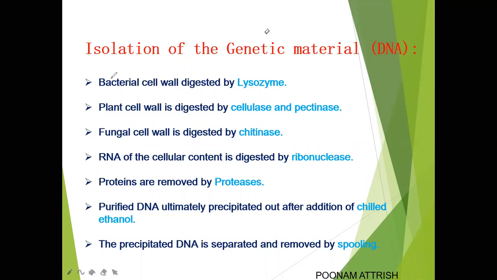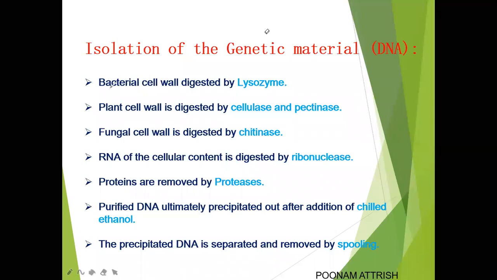Now, see, you can isolate DNA from bacterial cell, plant cell, fungal cell, but all these cells have cell wall. So to reach up to DNA, you are supposed to digest the cell wall. Because all these first three organisms have different chemical components of cell wall, different enzymatic reactions are required.